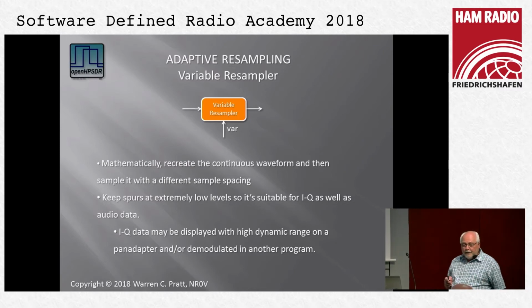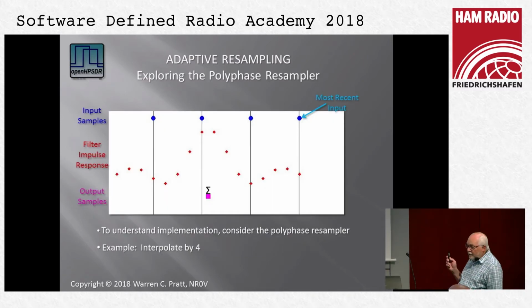And we also want very low spur levels so that we can use this for IQ data as well as audio data. I'm going to explain how that works. And to do that, I'm going to use another DSP block called a polyphase resampler. And this is something you may be familiar with, but I'm going to present it maybe in a little bit different way than you've seen it before.